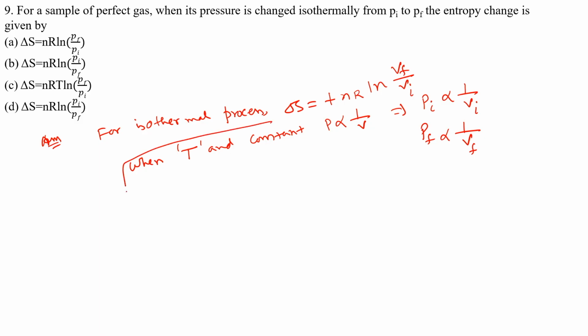So, this expression becomes delta S is nR ln Pi by Pf. So, if that is the case, B is the correct answer or correct option.